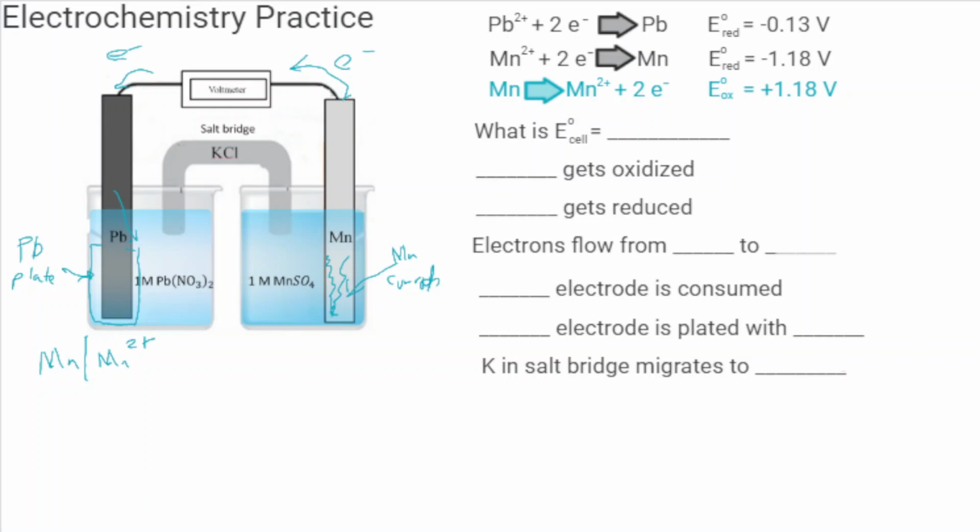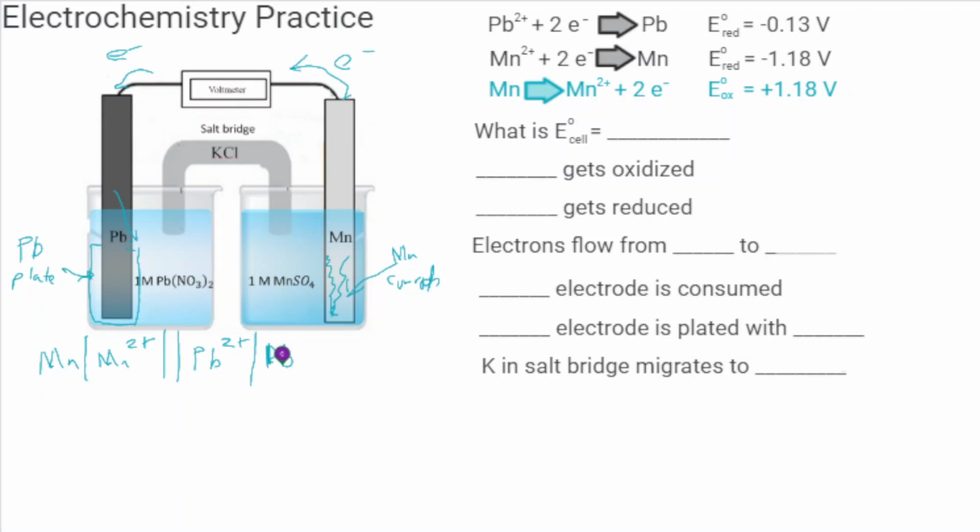Then we go through a salt bridge, so now we can have a double bar. Then we finally get to our lead nitrate. We can either put lead nitrate or Pb2 plus. And then finally we end with our final electrode, our lead electrode.